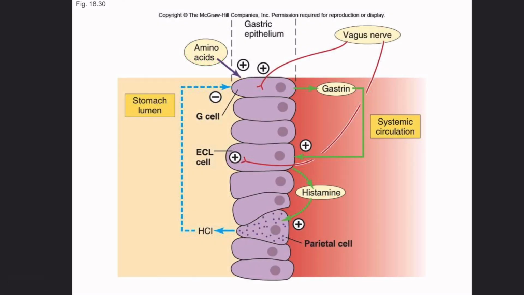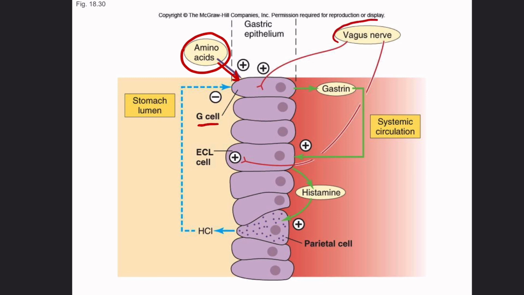So this is just showing a lot of what we just spoke about. Well, let me start from the beginning. When amino acids come into the stomach, that is going to encourage G cells to secrete gastrin.